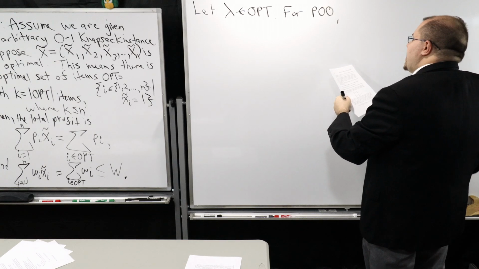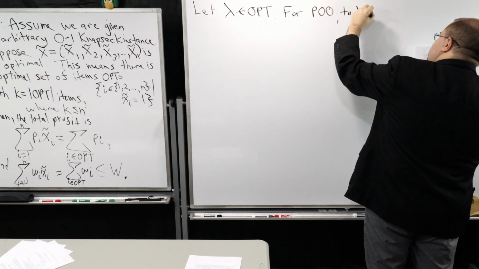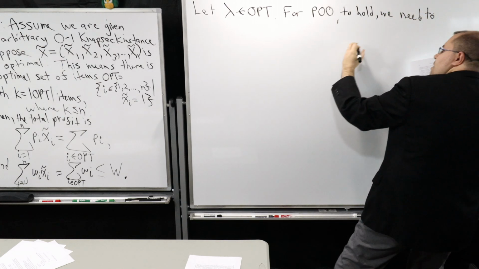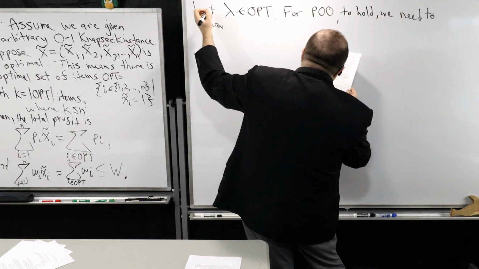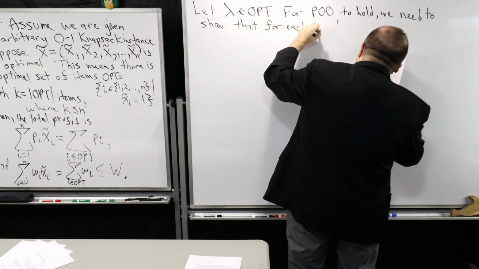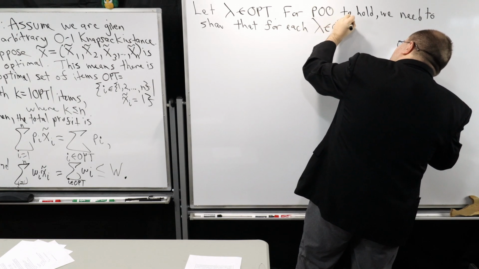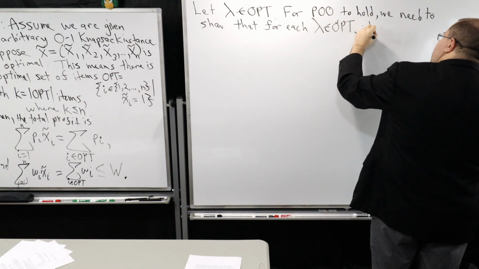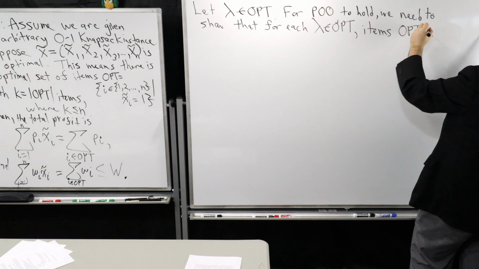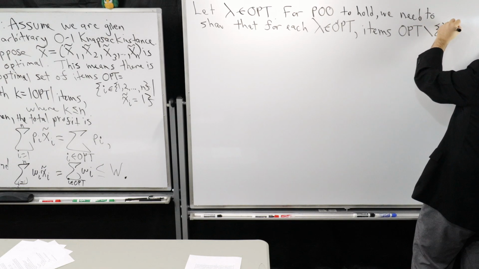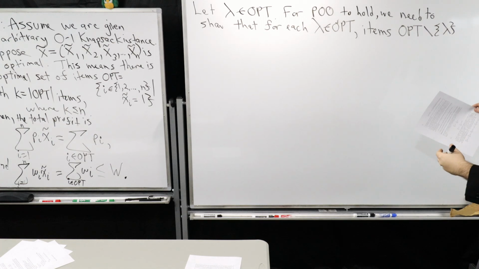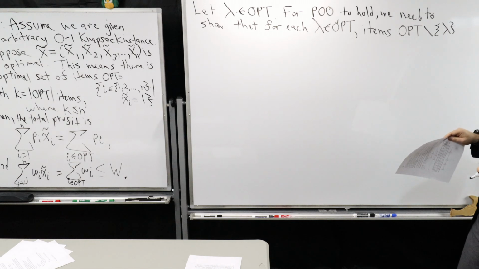So for the principle of optimality to hold, we need to show that for each lambda in opt, items opt where I remove item lambda. So this is set minus. I'm not sure if I've used this notation before, but that's just me saying take away lambda from the set opt.